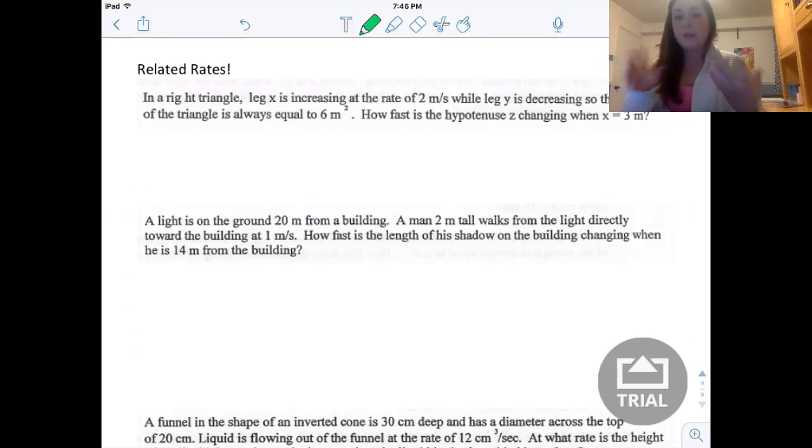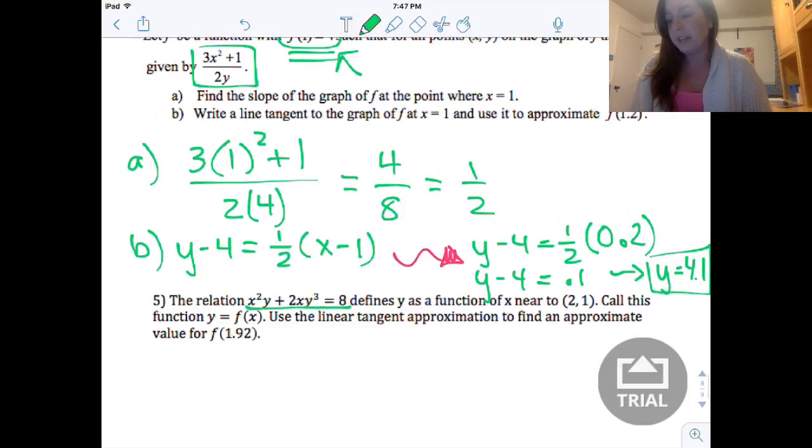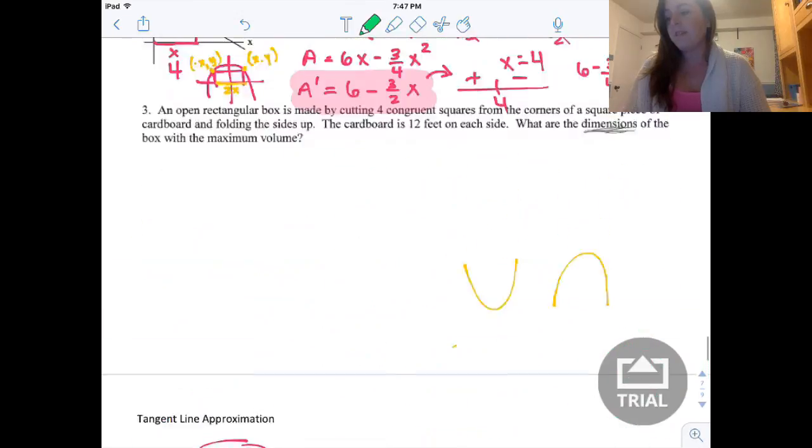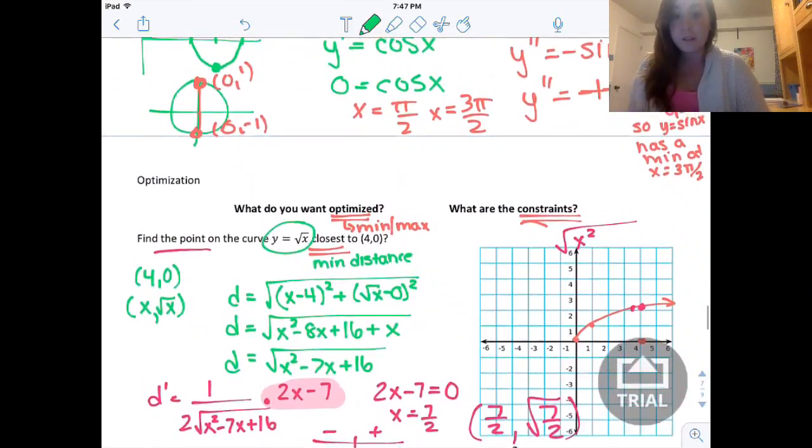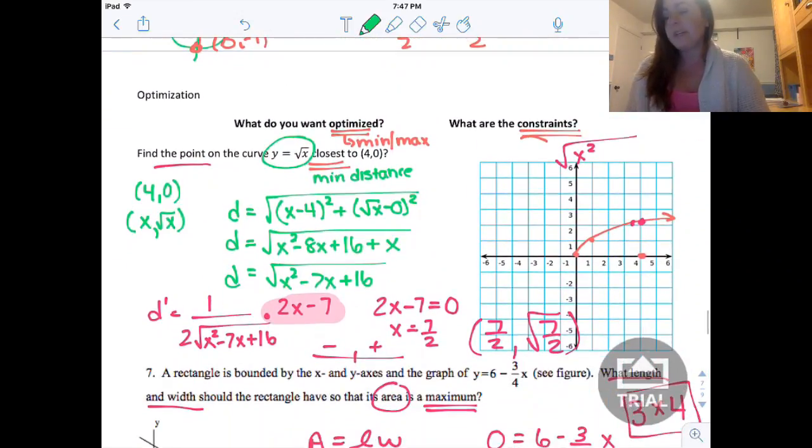Normally what you're going to see is you are going to be given quantities that are changing. Well, not normally. You're always going to. So a lot of people will ask me, what's the difference between optimization and related rates? In related rates, I'm given a lot of things that are changing at once, right? Versus in optimization, I'm given a scenario and I'm asked to find the optimal of it.